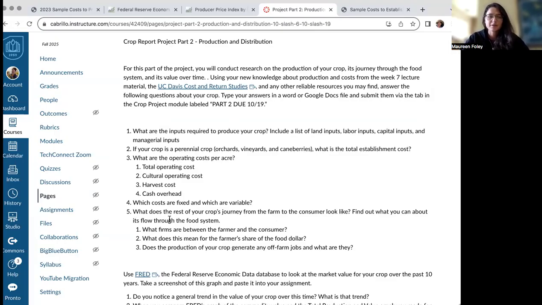On number 5, you're going to have to do some research on your own. And remember, we want to use reliable resources, not necessarily just Wikipedia or Joe Schmo's farming blog.